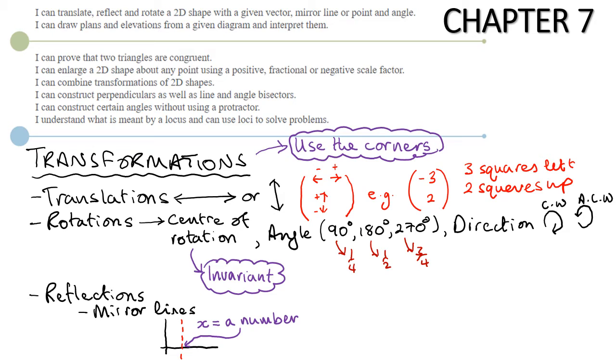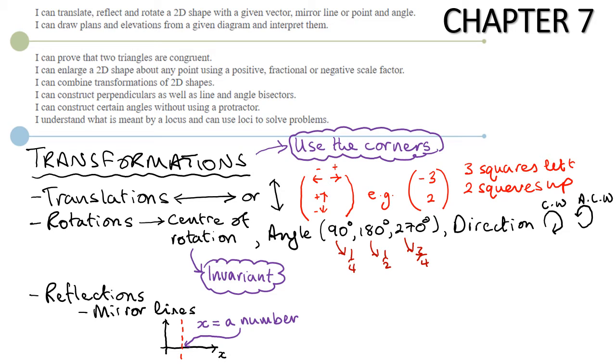So example, if it was x equals 3, it would cross at 3. If it was x equals -2, it would cross the x-axis at -2. So those are lines which are vertical.